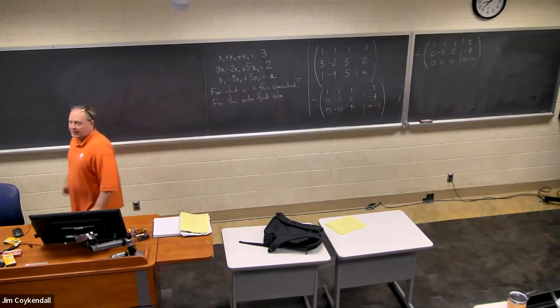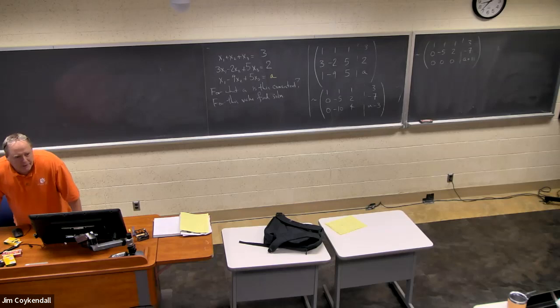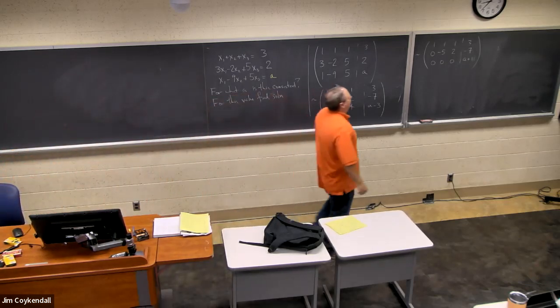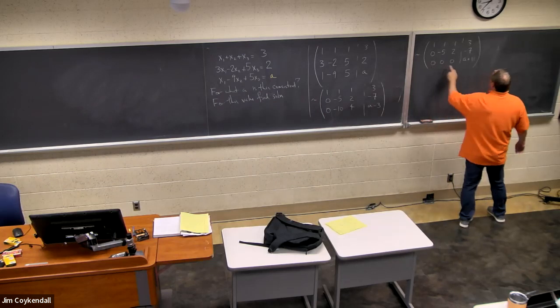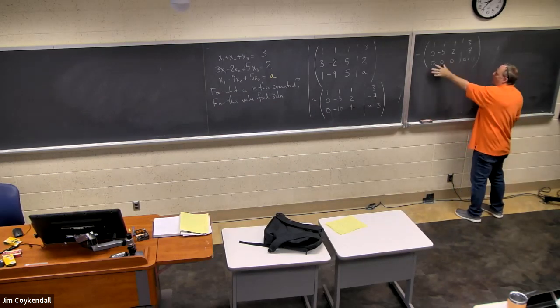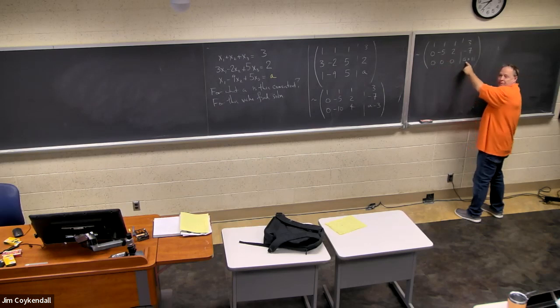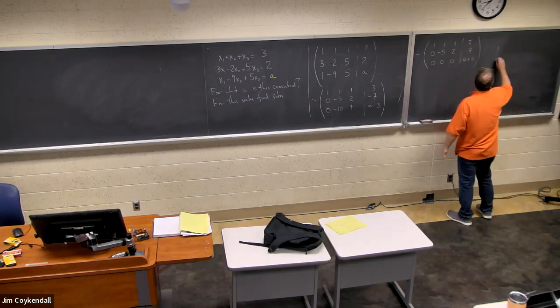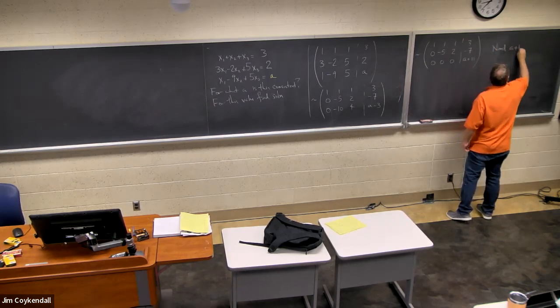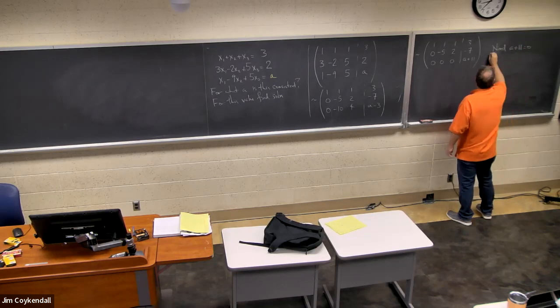Now, can somebody answer the first question? Yes, A would have to be -11. That's right. You can't have a pivot column down here, right? So in other words, when you have zeros and variables, this has to be 0 to have consistency, right? So I need A plus 11 to be 0.